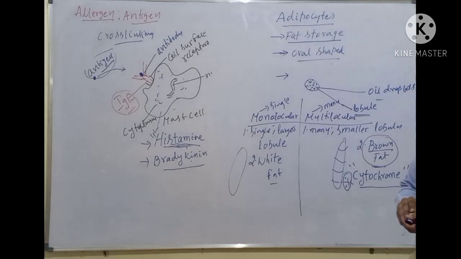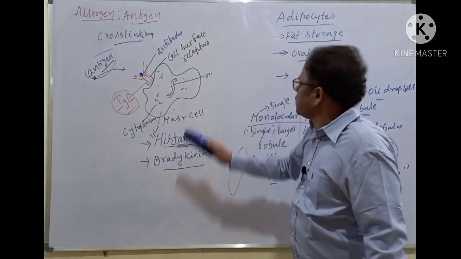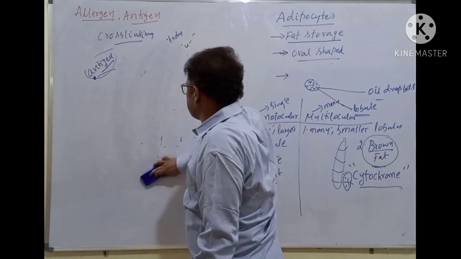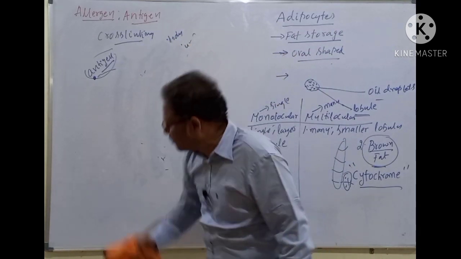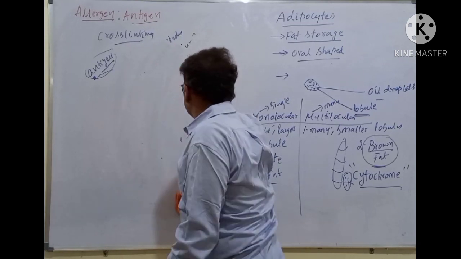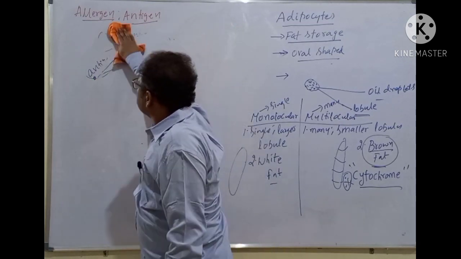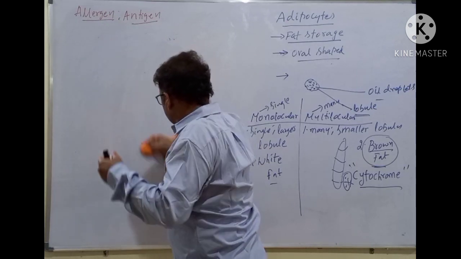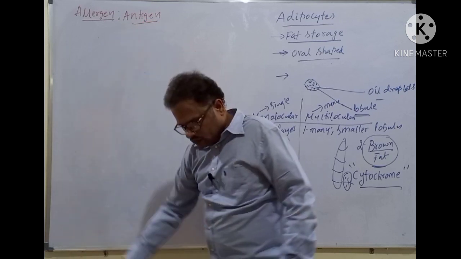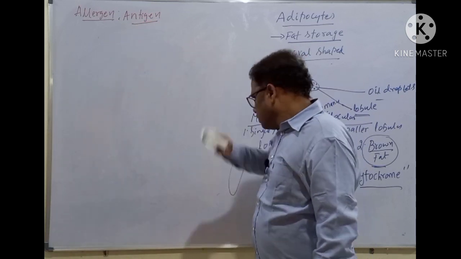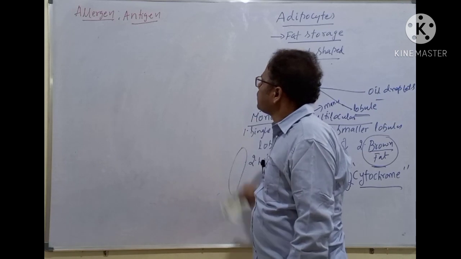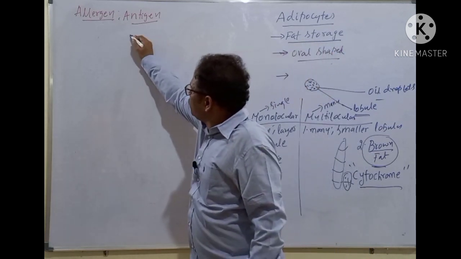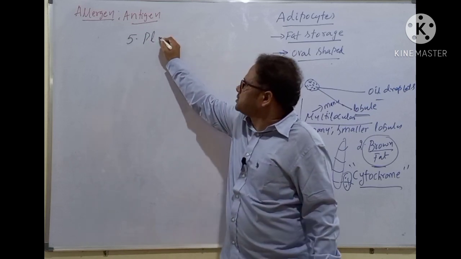The next type of cell, the last type of areolar cells, let's discuss now. They are called the plasma cells. So the fifth type of cells are called the plasma cells.